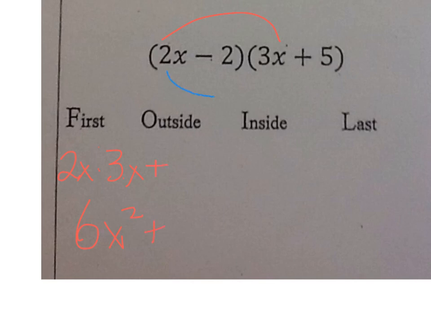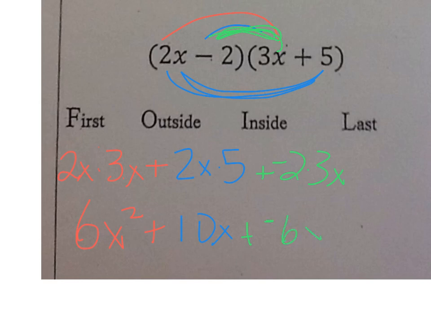The outsides are the farthest edges, and in this case it's 2x times 5, which is 10x. The inside is negative 2 times 3x or minus 2 times 3x. Both are perfectly okay. I just don't like subtraction.